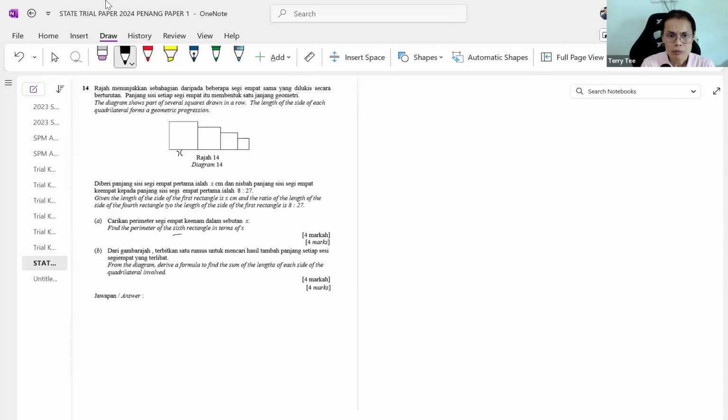Maybe we first find the ratio of the fourth to the first one. The first one is x, and the common ratio we don't know. T4 is ar cubed. Let me write this as 8 over 27 first.